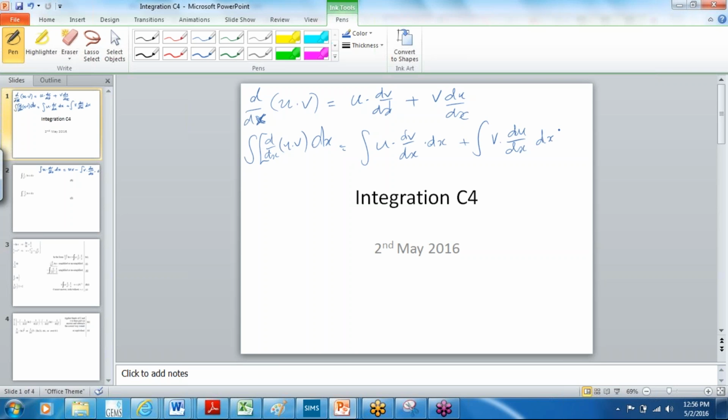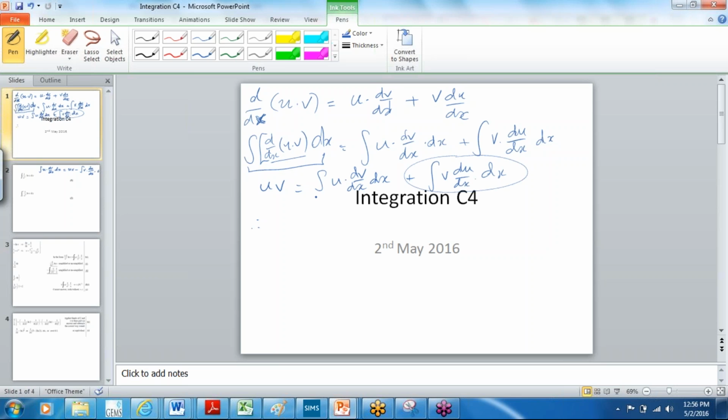You will start spotting where this formula comes from, because if we integrate the derivative of uv with respect to x, we end up with uv. We leave the others as they are. I'm going to take this across to the other side.